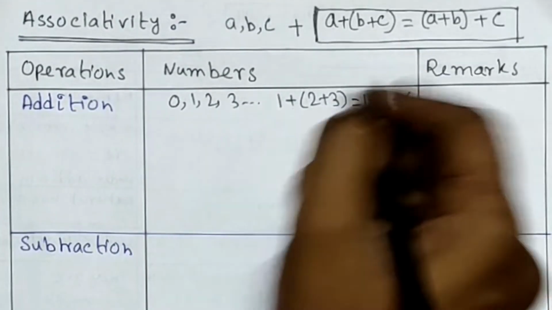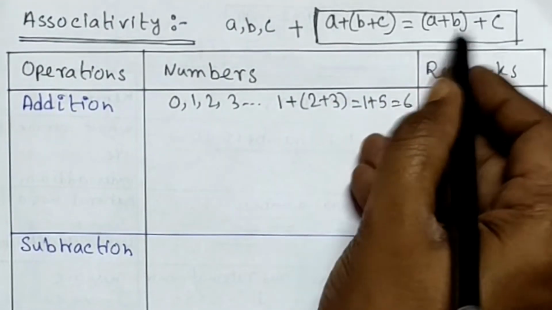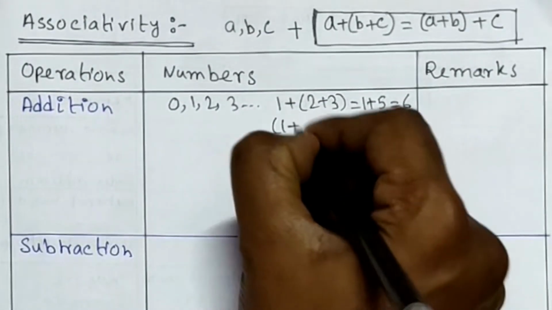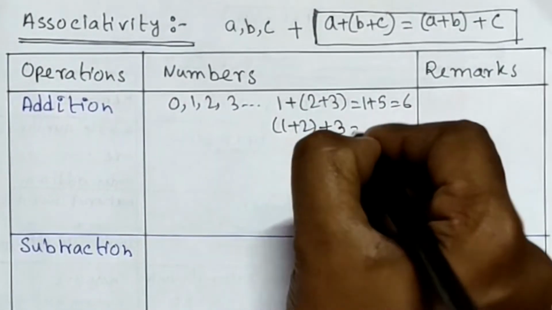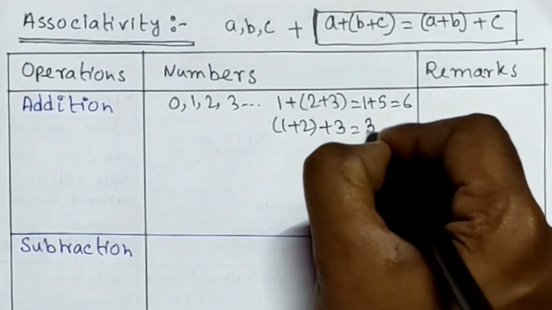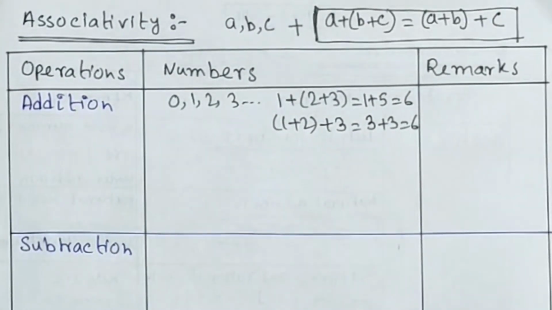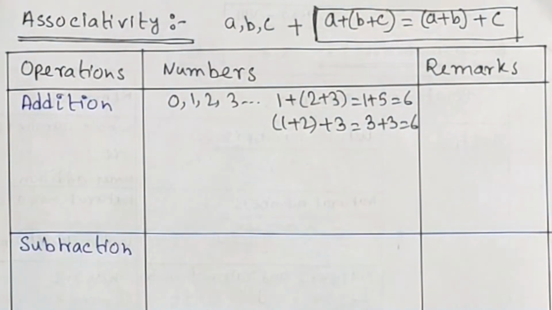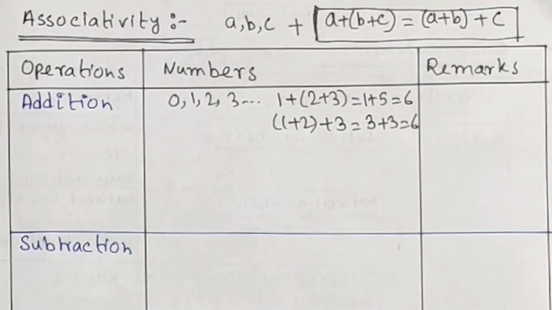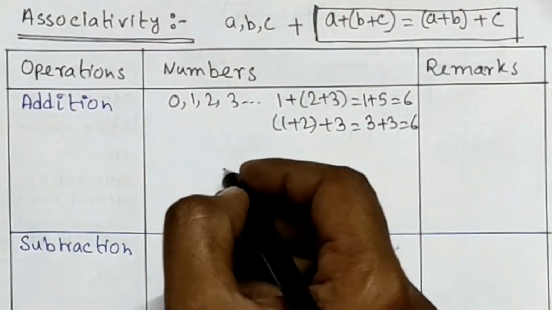Now taking the other order, (1 plus 2) plus 3 equals 3 plus 3, which is also 6. So whole numbers are associative under addition, as well as the integers and the rationals.